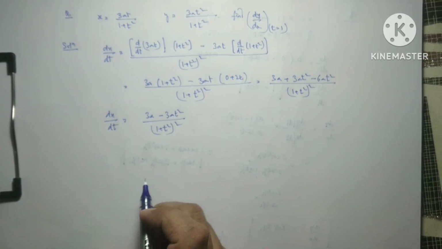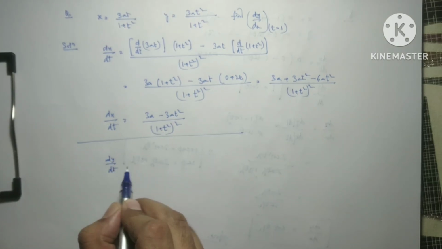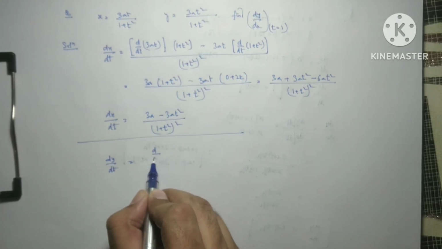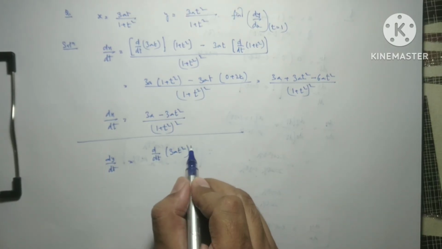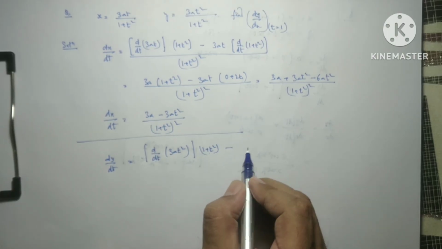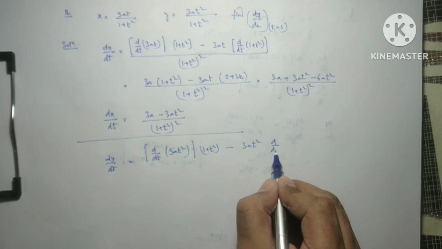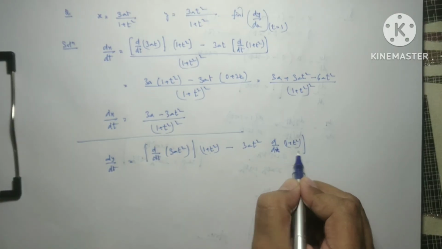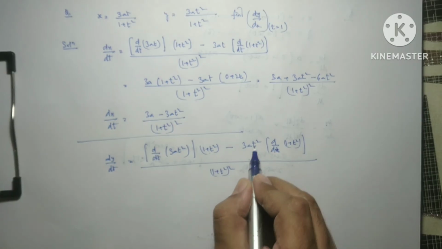Okay, so now differentiate y. So dy over dt is, differentiate this, d over dt of 3a square and 1 plus t square as it is, minus 3a square numerator as it is, and differentiate the denominator 1 plus t square, divided by 1 plus t square whole square.